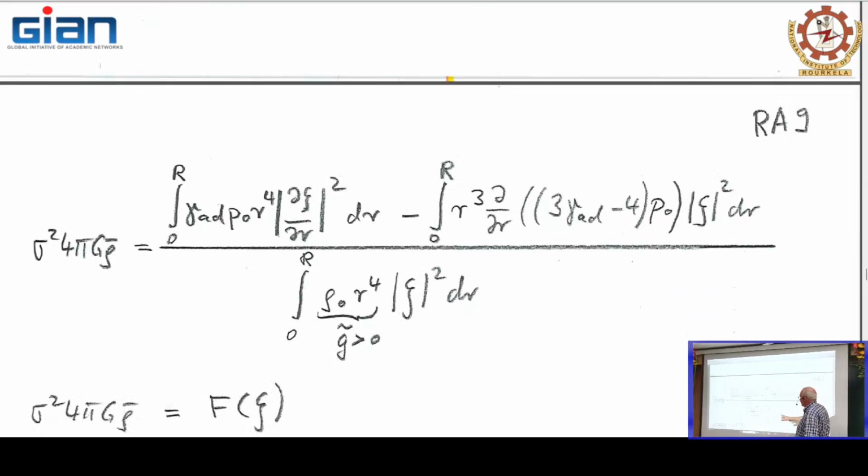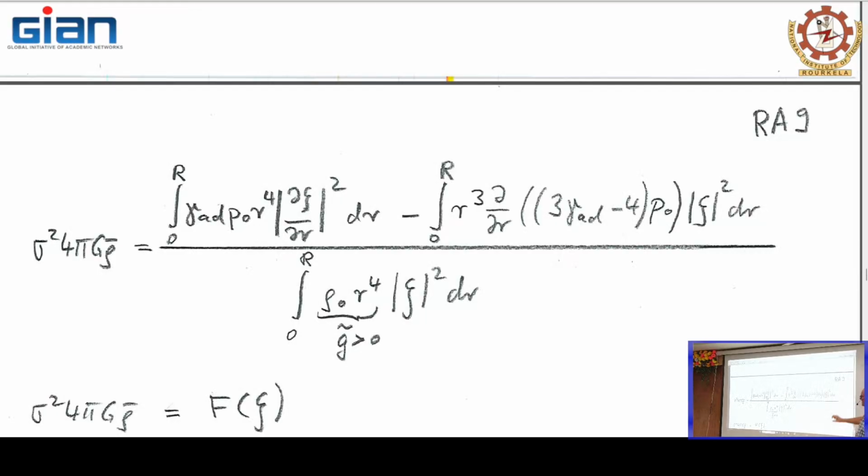This is essentially the function g, which apart from this factor we denote with g tilde here. This is given by density times r to the fourth times the modulus of zeta squared. This is the remaining part of the differential operator, and this is the function h times the modulus of the displacement squared.